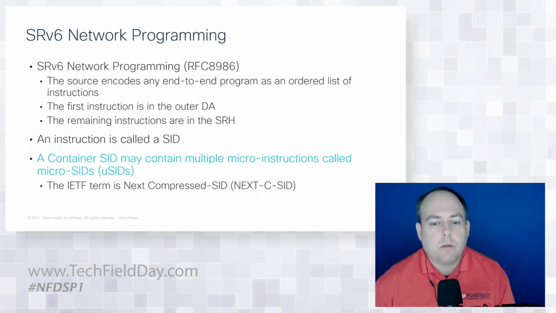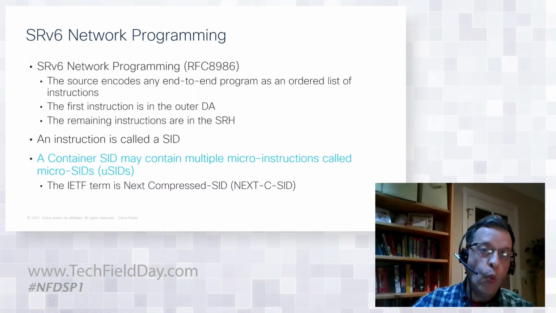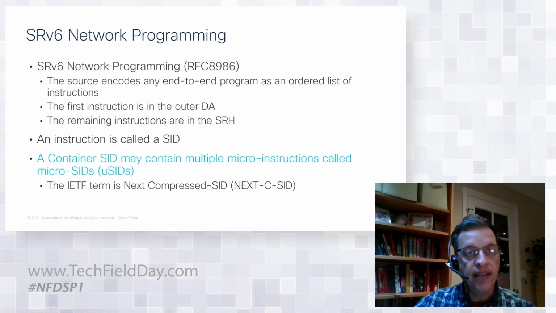Yeah. So in fact, we strongly believe that with the micro-SID approach, the most common cases that we see today, requiring less than 10 labels, will be handled without SRH directly in one IP encapsulation. And if an SRH is needed, you will find SRHs that only have one IPv6 address inside of the SRH.